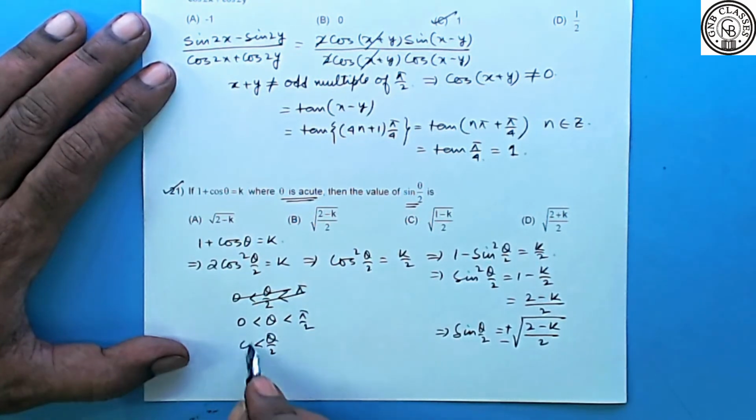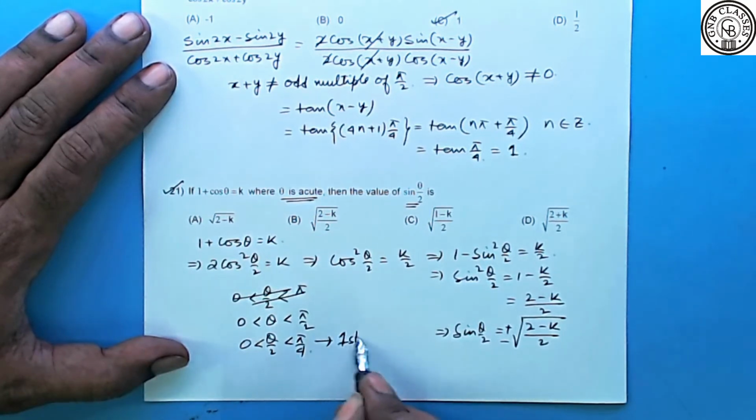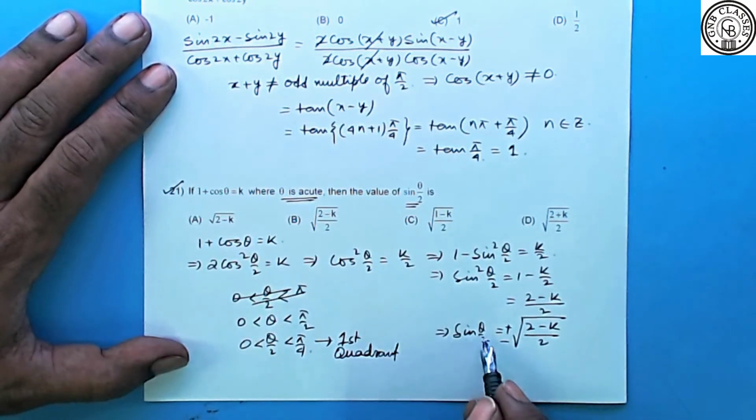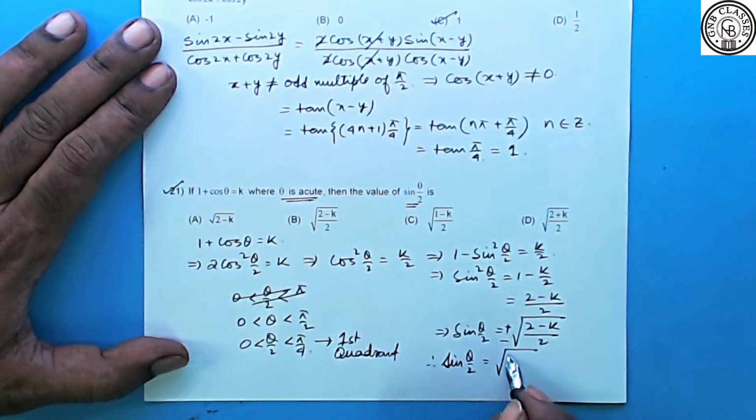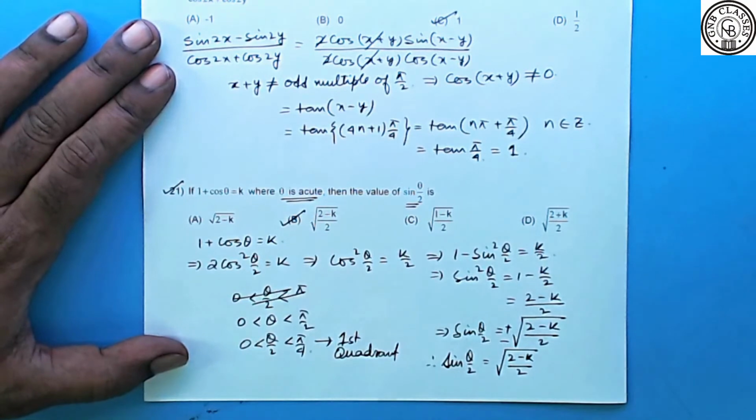Therefore, theta by 2 lies between 0 and pi by 4, that is, again in the first quadrant. So in the first quadrant, sin theta by 2 will be positive. Therefore, your sin theta by 2 is under root (2 minus k) by 2. Hence, option B is correct. Is it clear? Okay.